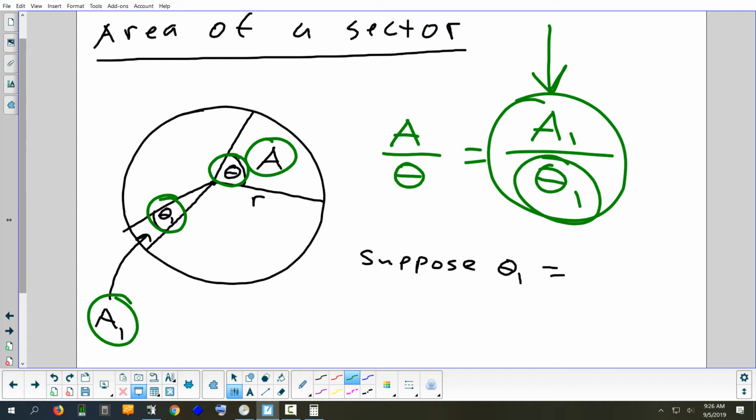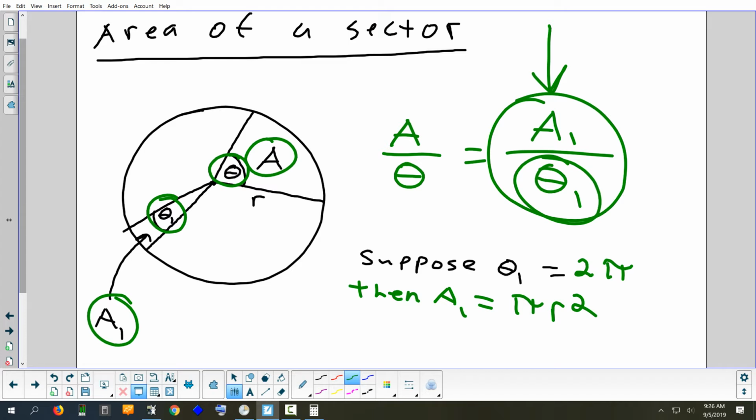So let's suppose that theta 1 is 2 pi radians. That's an angle that goes all the way around the circle. Then the area is automatically pi r squared. That's a true fact. Another fact you could use is, suppose that the angle is pi.